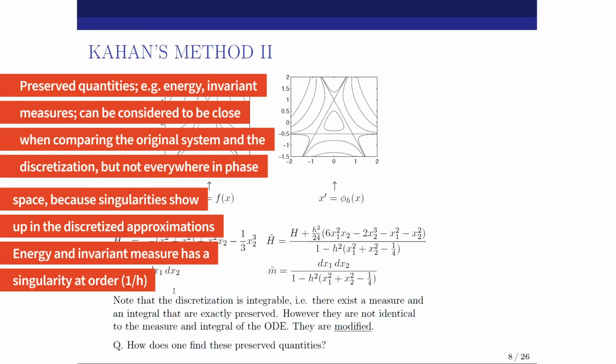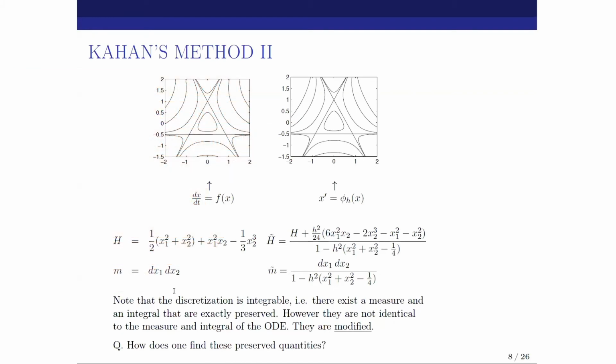And of course, if you look at the phase plots, that's why I've done this also. They look remarkably similar, right? However, if you go further away in phase space, they're actually going to be different because the H wiggle, as you see, has a singularity, whereas H has a singularity at infinity, but H wiggle has a finite singularity.